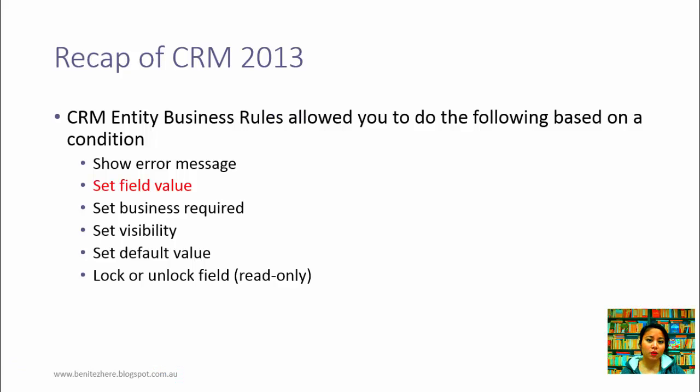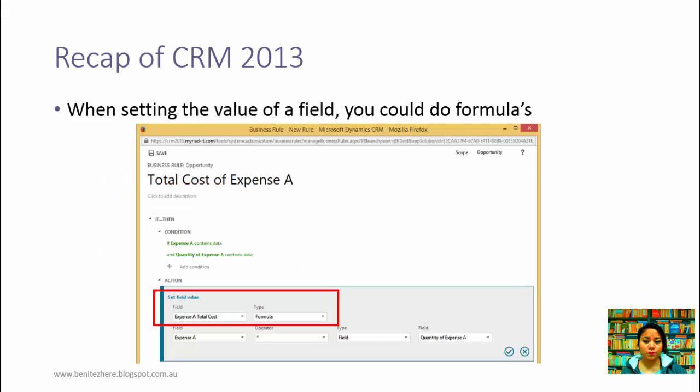I just want to do a recap of what was possible in CRM 2013 regarding formulas or calculations. With CRM 2013, business rules were introduced, and in one of the actions you could set a field value. One of the options for setting the field value was using a formula.